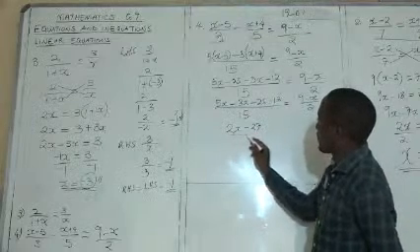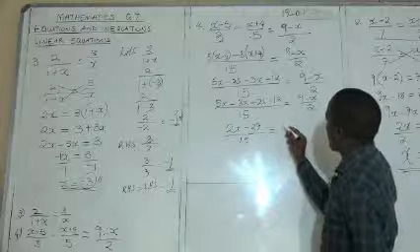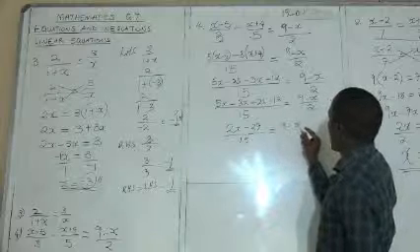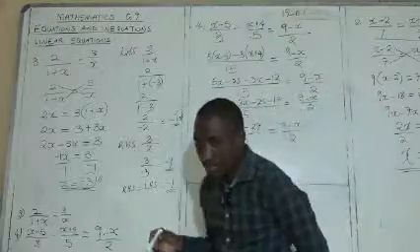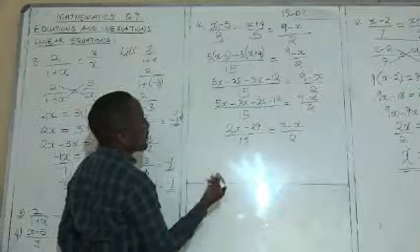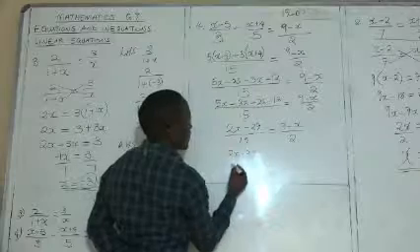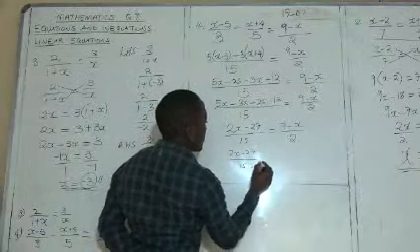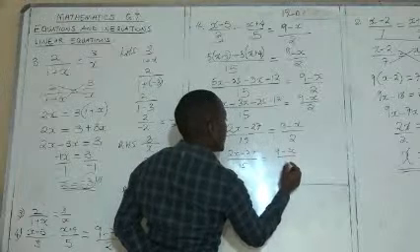Okay, so over 15, then is equal to 9 minus x over 2. Okay, now at this stage we can simply cross multiply so that we get the value of x. So we'll say 2x minus 27 over 15 is equal to 9 minus x over 2.